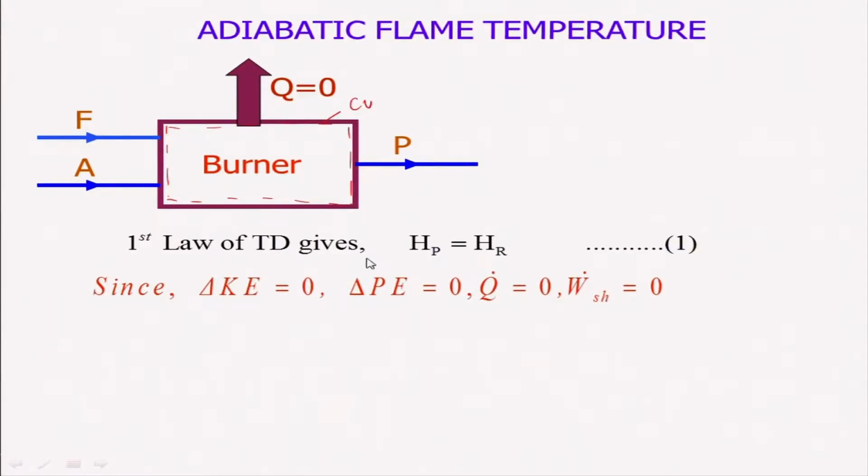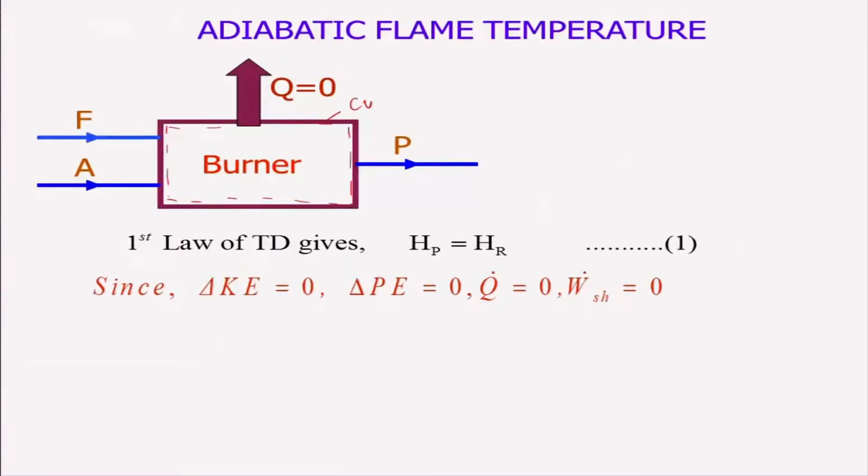Therefore, the first law of thermodynamics gives that the total enthalpy of the product is equal to the total enthalpy of the reactant. We already did this when doing the heat of reaction, where we considered Q, but now Q is 0. Therefore, H_P is equal to H_R.